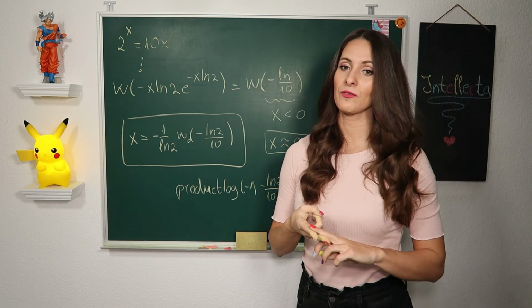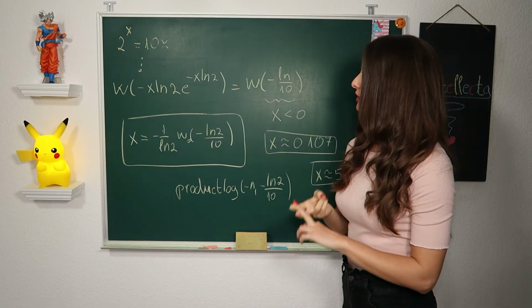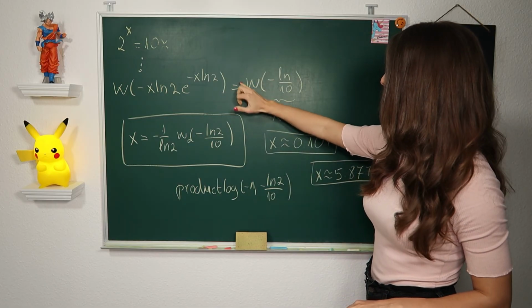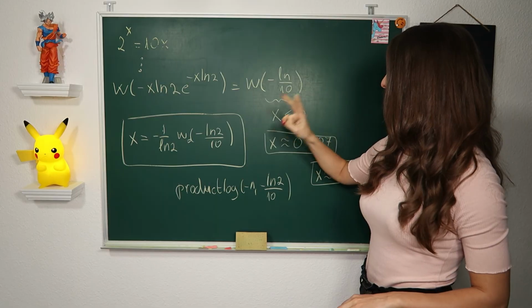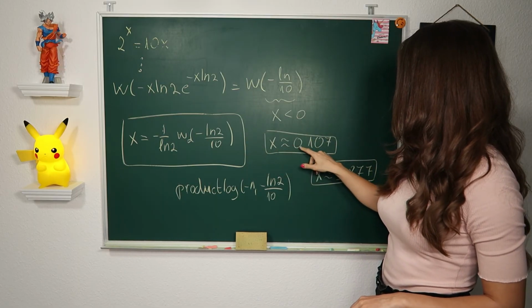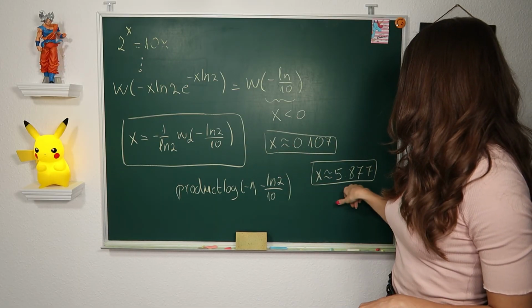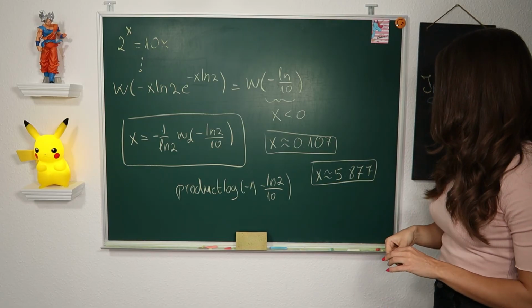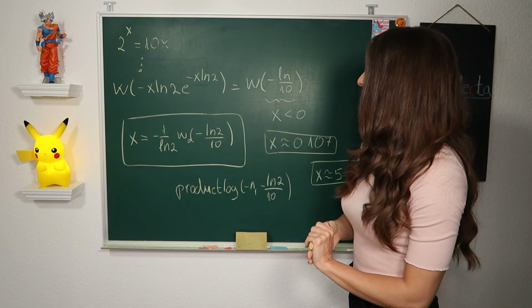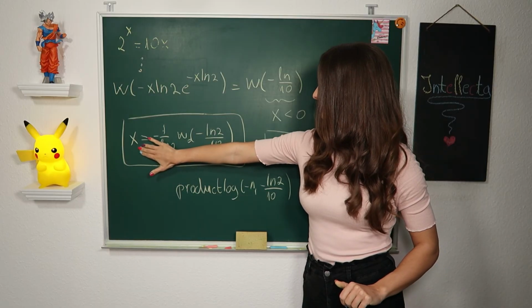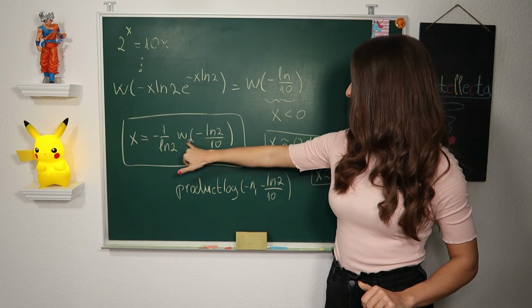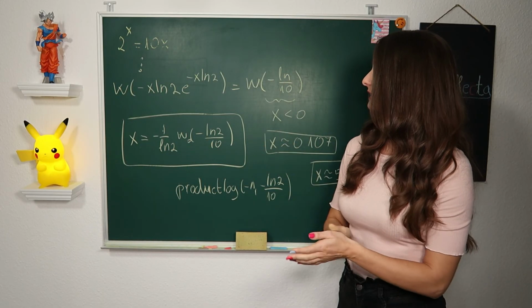So as you saw on the graph, we had two intersection points, so we figured out from this that we are going to get two values, and the first one is 0.107 and the second one is 5.877. So if you want to get x for the W sub negative 1 branch, you have to play a little bit with this here.